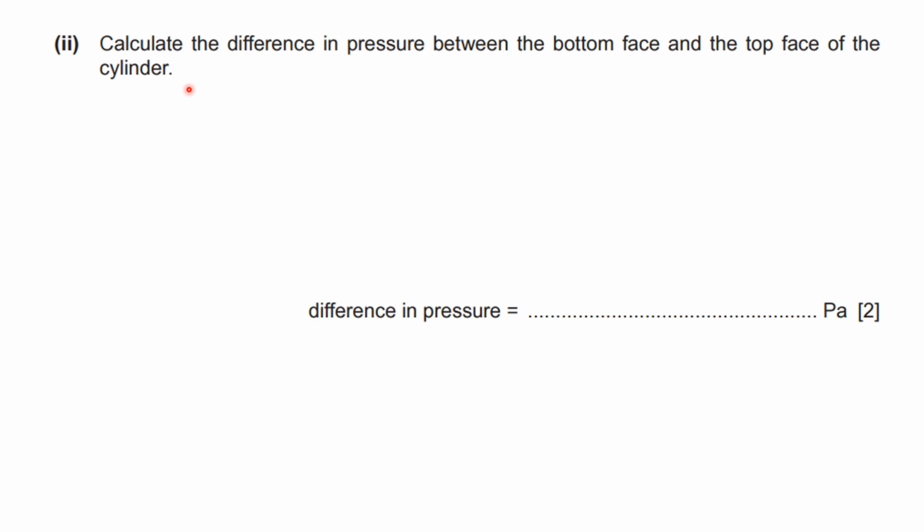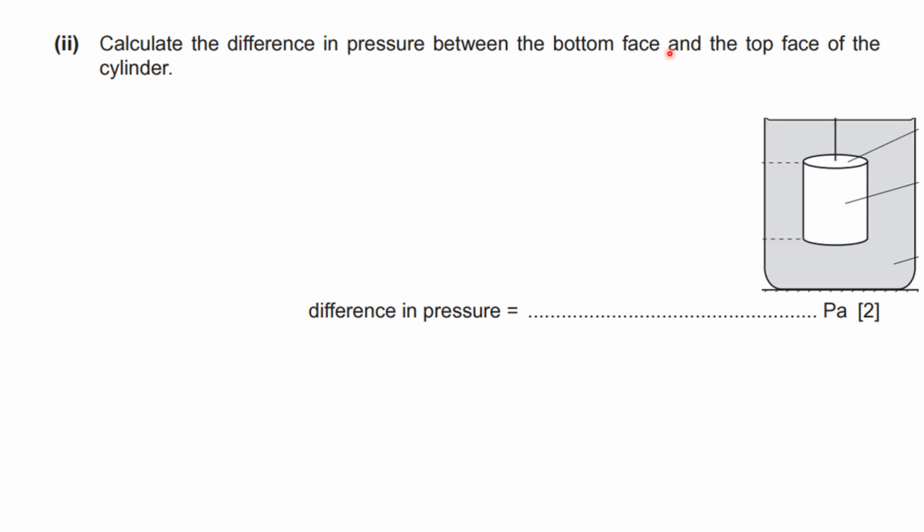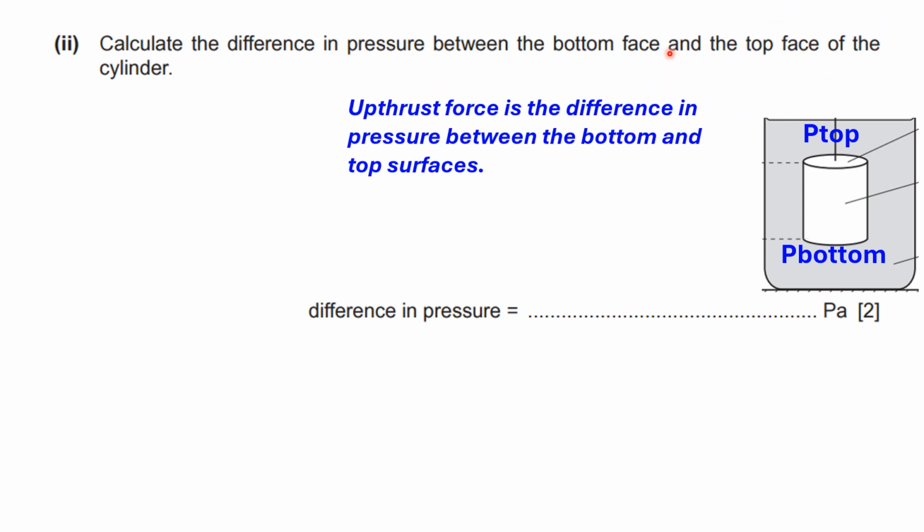The next question is asking to calculate the difference in pressure between the bottom face and the top face of the cylinder. Here is the cylinder, this is the pressure at the top of the cylinder, and this is the pressure at the bottom of the cylinder. The difference in pressure between the bottom and the top surfaces is due to the upthrust force.